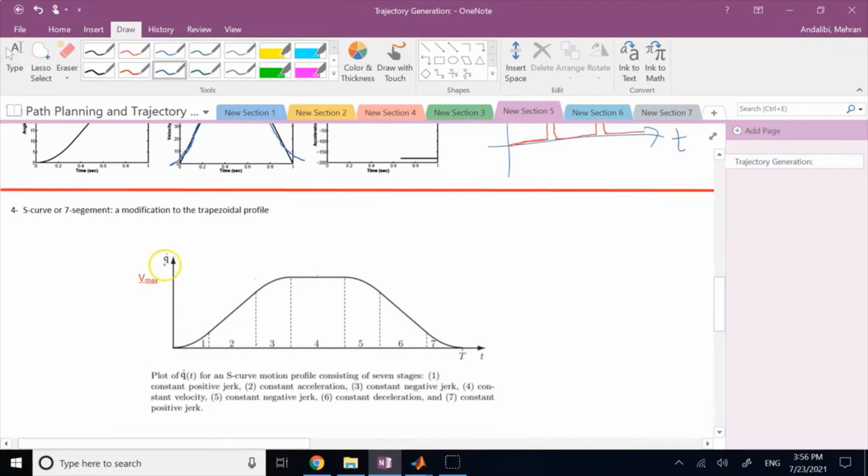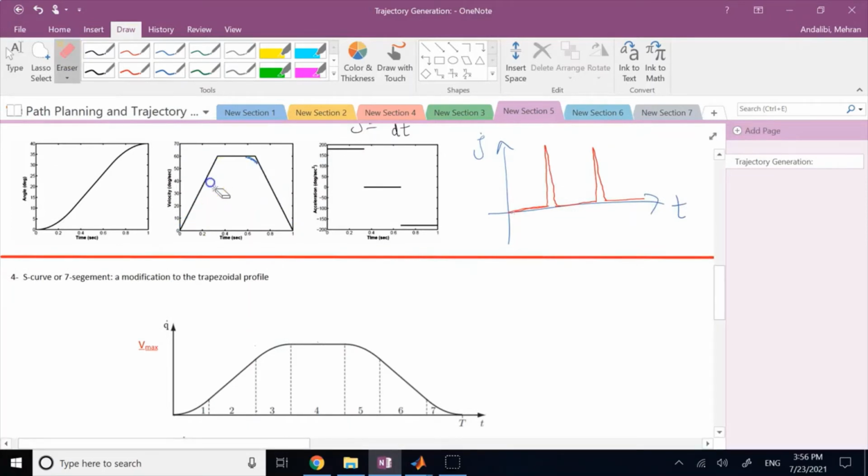So if you plot the joint velocity versus time, it is a trapezoid, but at the sharp points you have a rounded feature, which means it's not going to be constant acceleration all the way from beginning to where the velocity is constant, just like here, right? If you compare, you see here you have constant acceleration, zero acceleration, constant acceleration.